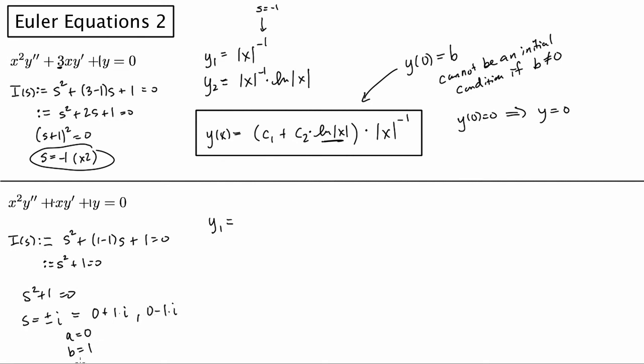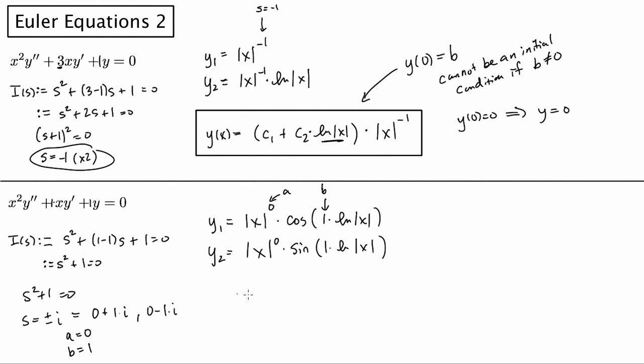So the real part is 0, the imaginary part is 1, which means that our fundamental set is the absolute value of x to the 0, or the real part, times the cosine of 1 times natural log of the absolute value of x. So this 1 right here is the imaginary part. This 0 right here is the real part of that root. Similarly for y2, you get the absolute value of x to the 0 times sine in this case.